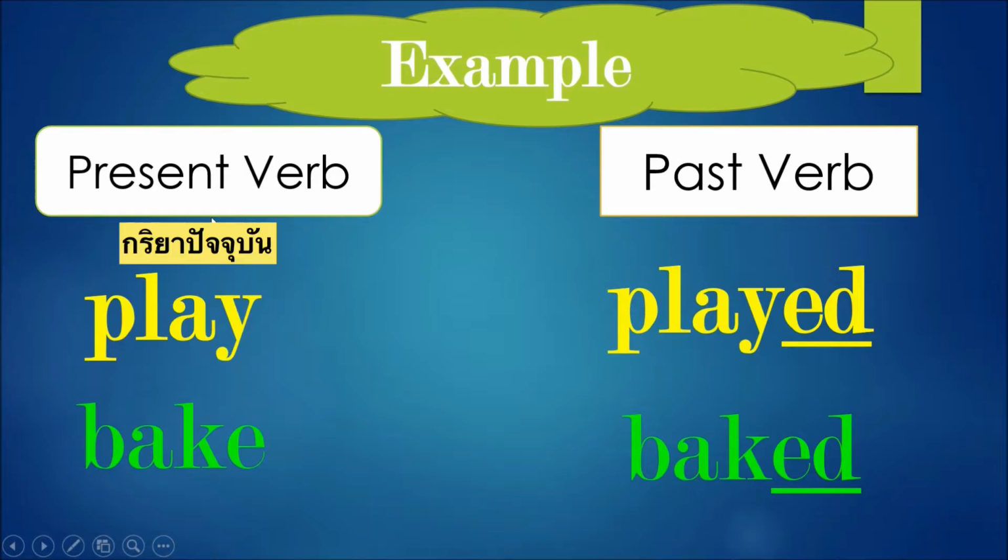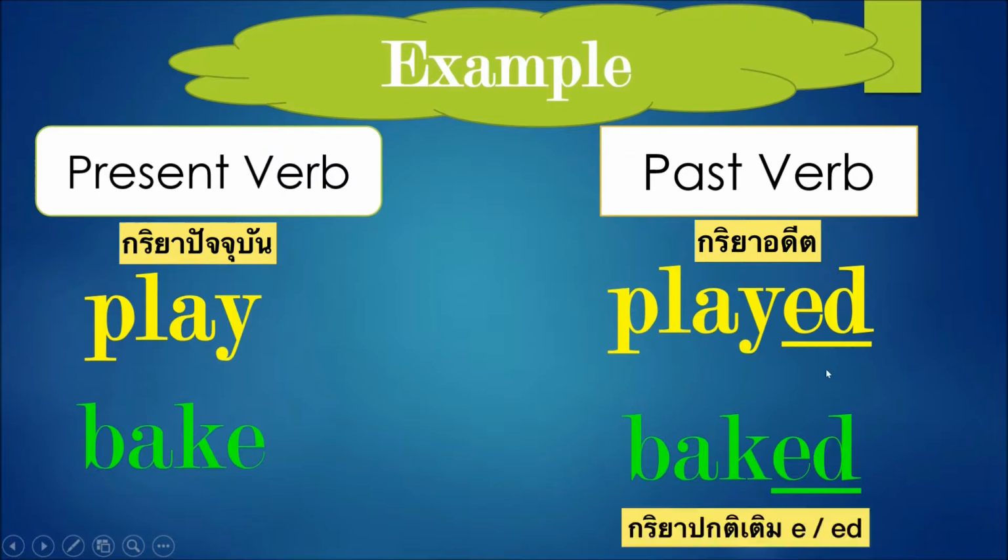So this is a present verb and this is a past verb. For regular verbs, we have, for example, play. If it's a regular verb, you can just add ed or d at the end. So play, you add ed there and it will become played.